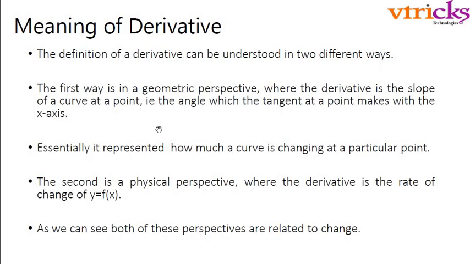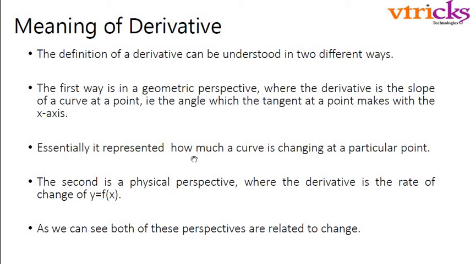Now let's move on to what is meant by a derivative. The meaning of a derivative is understood from two perspectives. The first way is a geometric perspective, where the derivative is the slope of a curve at a point. That is the angle which the tangent at the point makes with the x-axis. I think you all can recall this geometrical concept when you had read about tangents in your school.